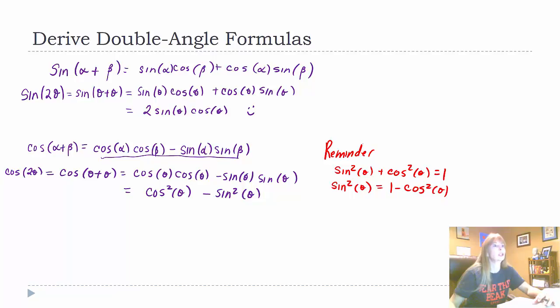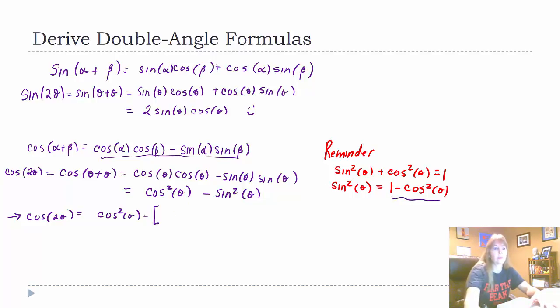So going back over here, we could also say cosine 2 theta equals cosine squared theta minus, where I see sine squared, I'm going to put 1 minus cosine squared theta.